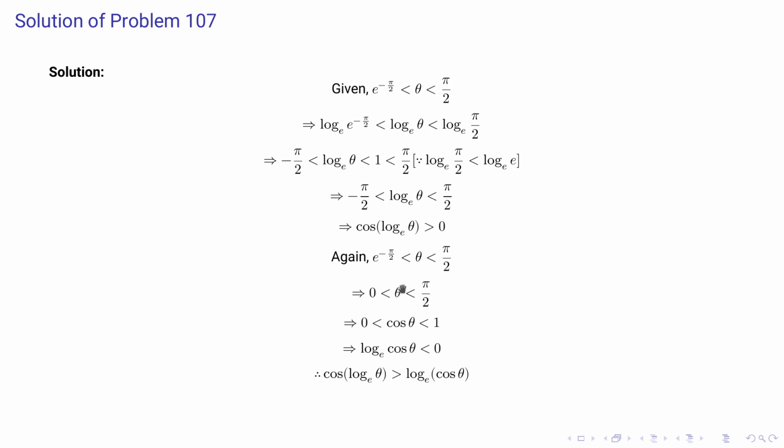Now if you take cos theta in this range, then the limits of the range would be 0 and 1. So if we take log of this, then log of cos theta would be less than 0 in this range. So we can say that cos of log theta with base e is greater than log of cos theta with base e.